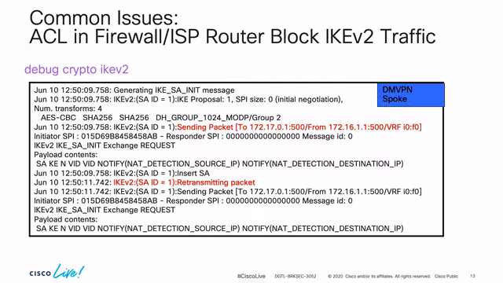In these debugs, what is interesting is that we see the spoke is sending packets to the hub, but we don't see any responses coming back. We see information saying that it is retransmitting the packets. So it's very clear that it's not getting any response packets back from the hub.